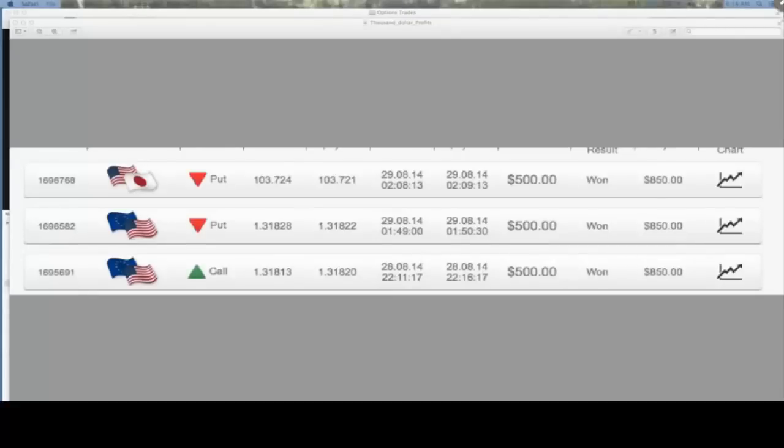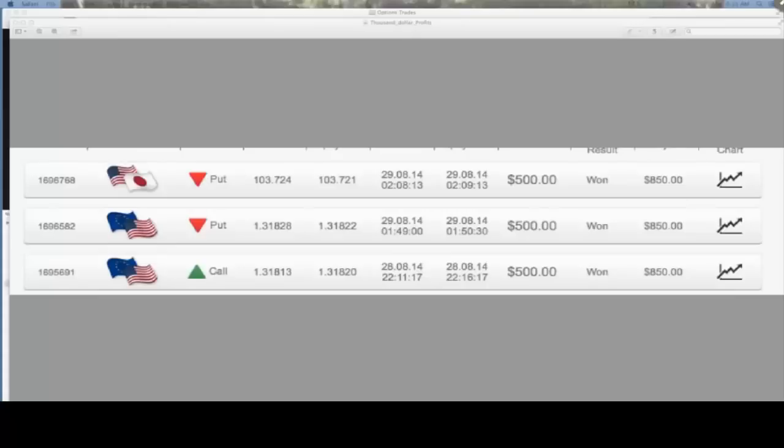So on the product side of things, you basically only have to guess: is the market value of this particular currency pair, like you see there, USD JPY, those are the flags of the United States and Japan, going to be cheaper or more expensive? Is the price going to be higher or lower 5 minutes from now, or a minute from now? That's exactly what Kevin is doing there.